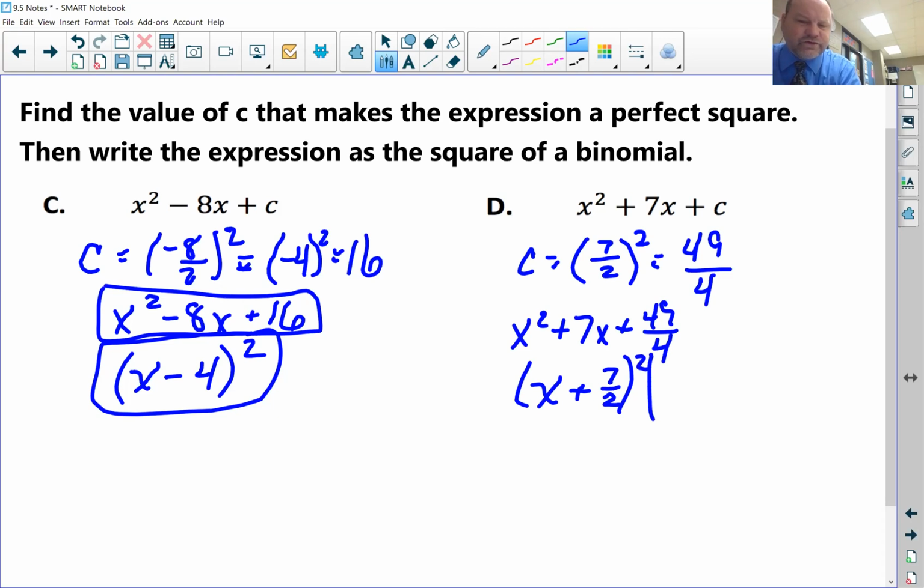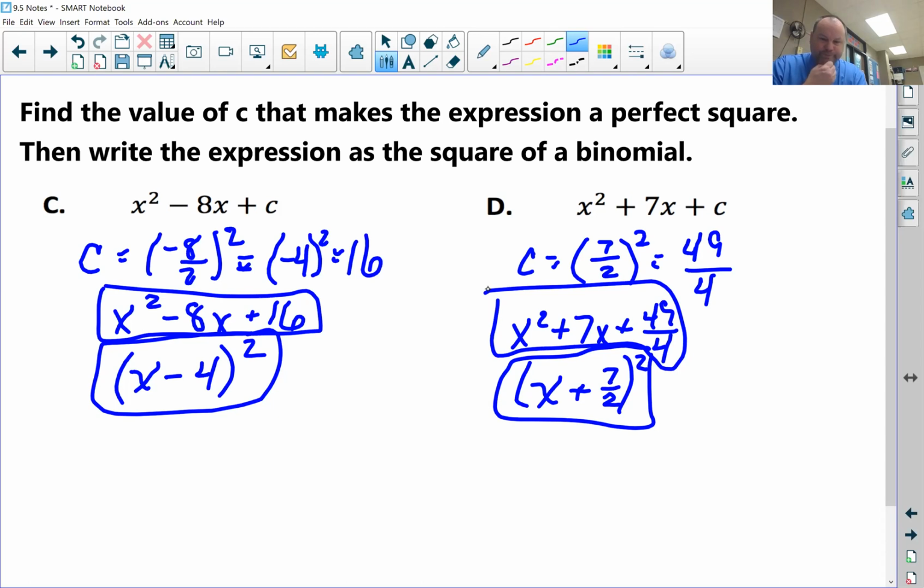So make sure as you're working through these problems in the homework and the note check and things like that, that if you have a fraction, leave it as a fraction. You don't need to convert it to a decimal.